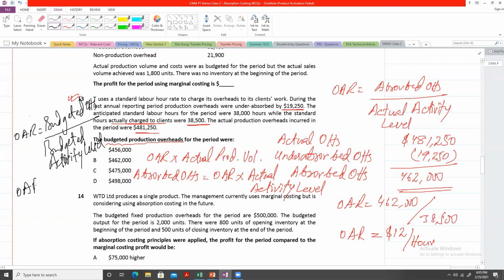We have already calculated OAR, that is $12.